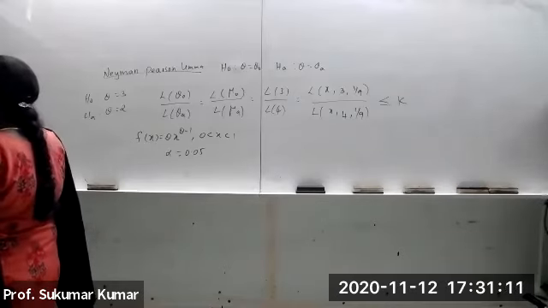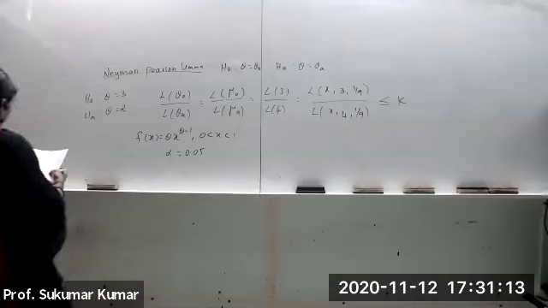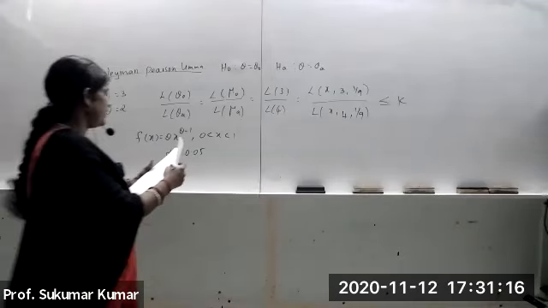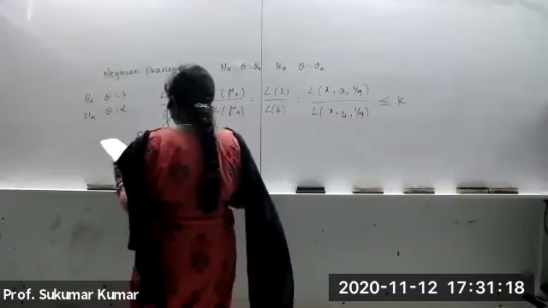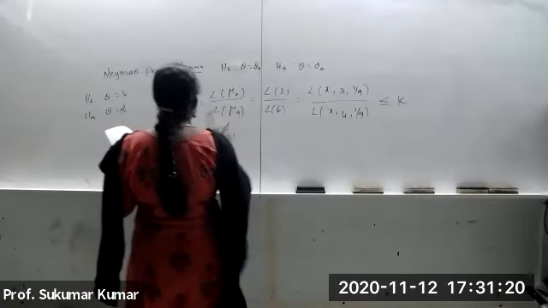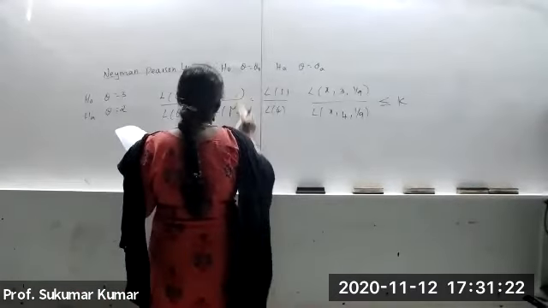Since both are simple, we can apply the Neyman Pearson lemma, and we have to find the ratio of the likelihoods. So here theta naught is 3 with H naught, and theta is equal to 2 with HA.